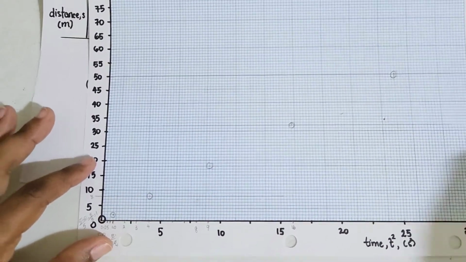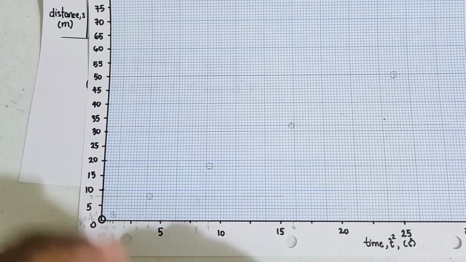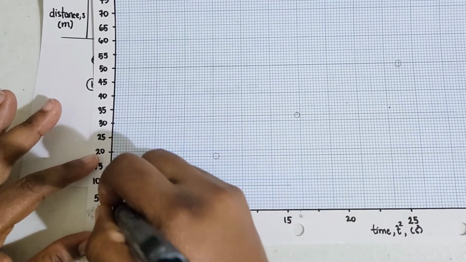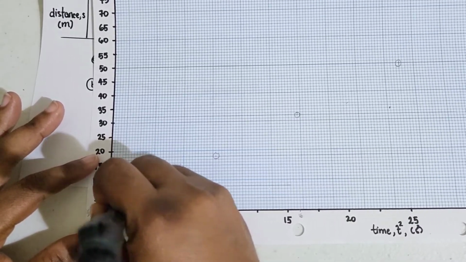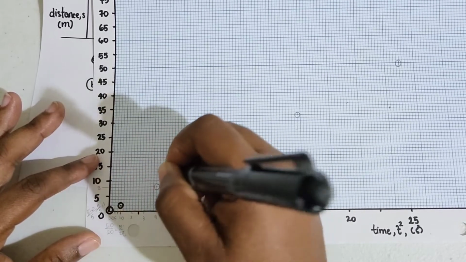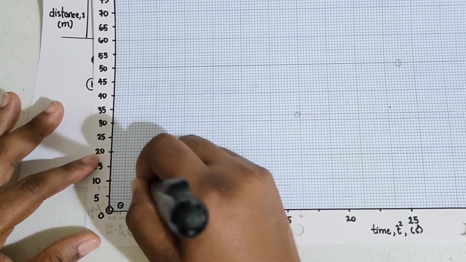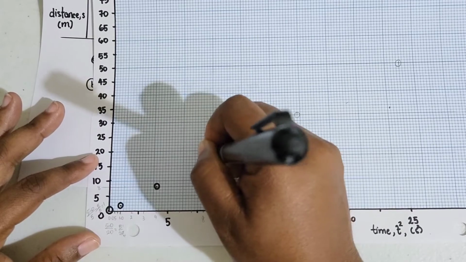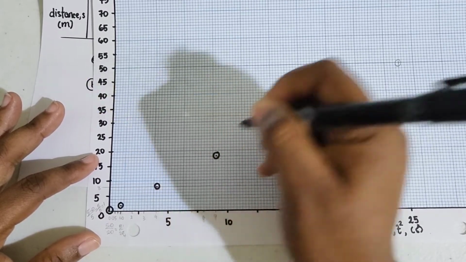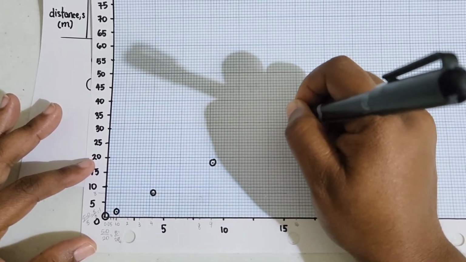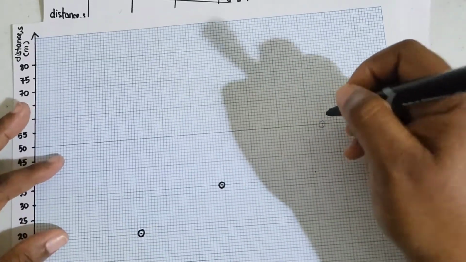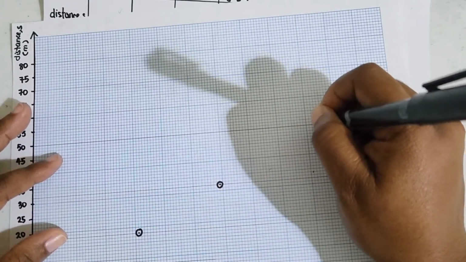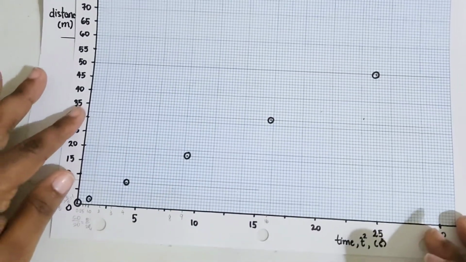Okay, so now that I've plotted my points, I feel confident. I am going to darken them with the marker so you can see them. Okay, so we have our points.